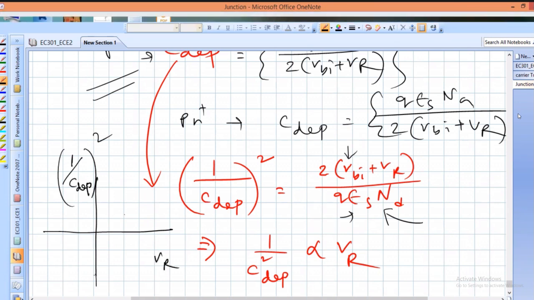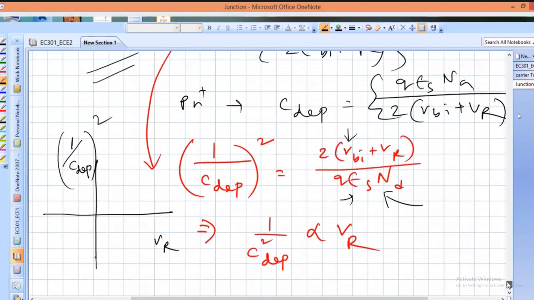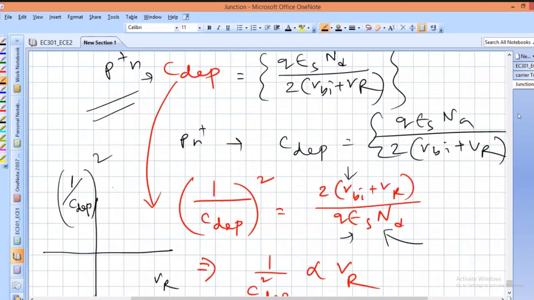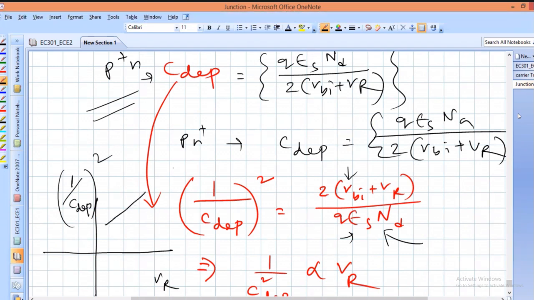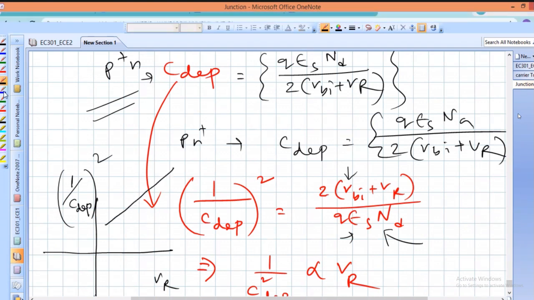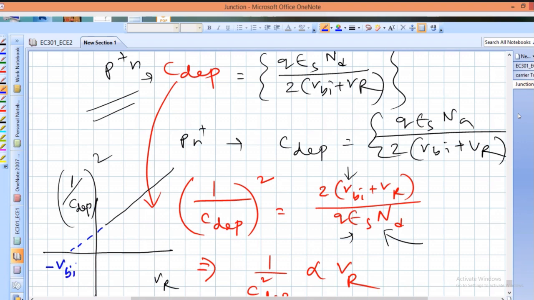So it will be a straight line like that, and if you extrapolate the curve in the negative x direction, you will get the contact potential or built-in potential.